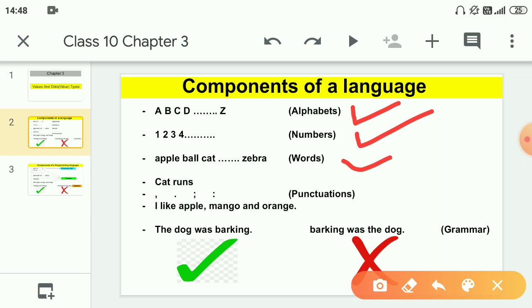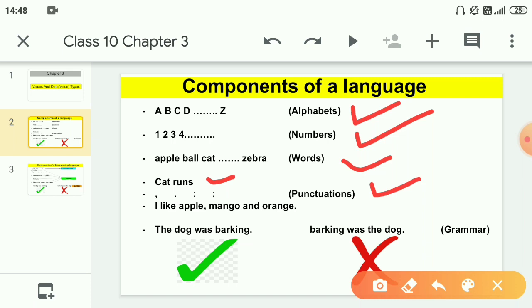Once you have the words, you can start combining the words, like for example, cat runs. Cat runs is a combination of two words, cat and runs. And then finally you start making complex sentences with the help of punctuations, like full stop, semicolon, colon, comma, apostrophe.